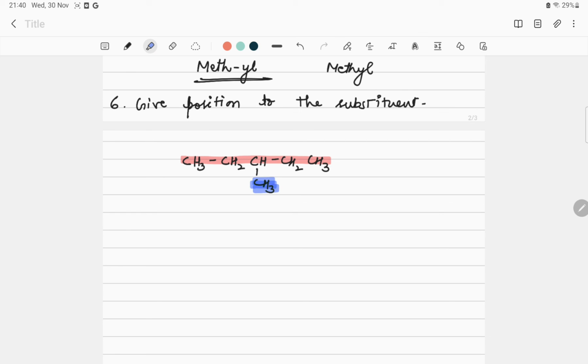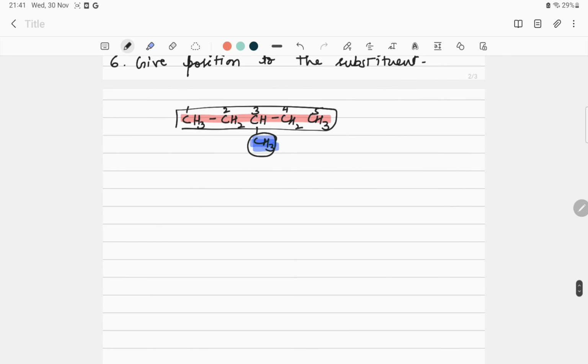We selected the word root according to the number of carbon atoms present in the substituent. We give its position 1, 2, 3. Whichever side we number it from, whether left to right or right to left, the substituent is at number 3 only. So the name of the compound is going to be 3-methylpentane.